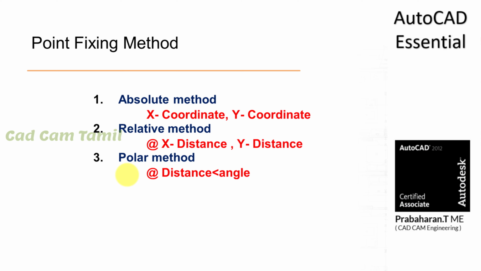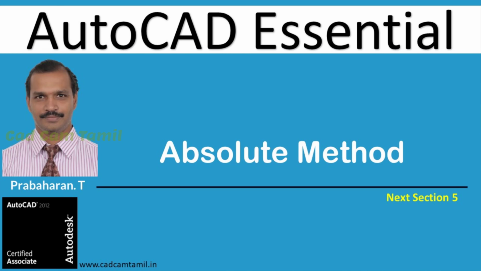We have some rules, a syntax. Using this syntax, we can fix the points on the screen exactly. From the next session, we are going to discuss each and every point fixing method elaborately with examples. This is the end of session 4. Next session, we are going to start with the absolute method of point fixing. Okay, thank you.